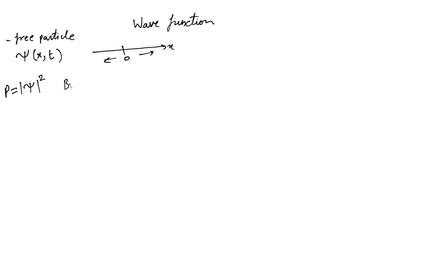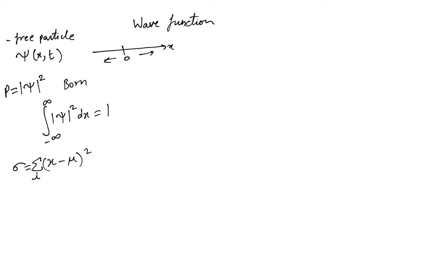This was due to Max Born, and there are a few things which we can understand. We know that this should be satisfied, and the reason we have constructed it like this is that if this is the probability distribution and it satisfies this, then, as we know, the standard deviation of any distribution is given by the sum over all the points of (x minus mu) squared.